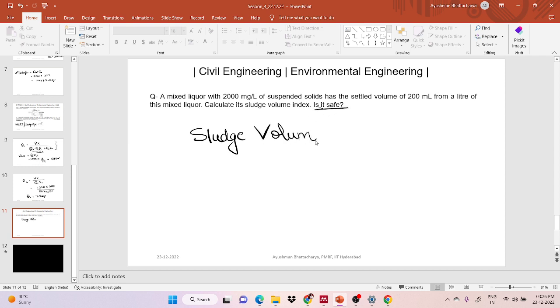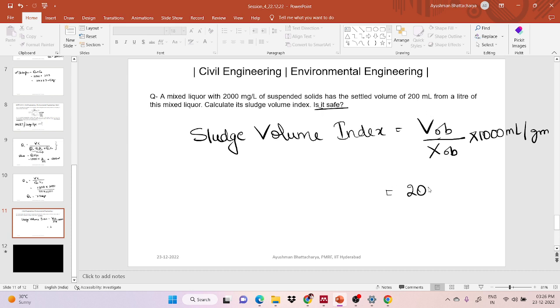Sludge volume index is equal to V_SB divided by X into 1000, in milliliter per gram. So V_SB here is 200 milliliter and X is 2000 milligram per liter. You have to substitute this 2000 milligram per liter and multiply by 1000.